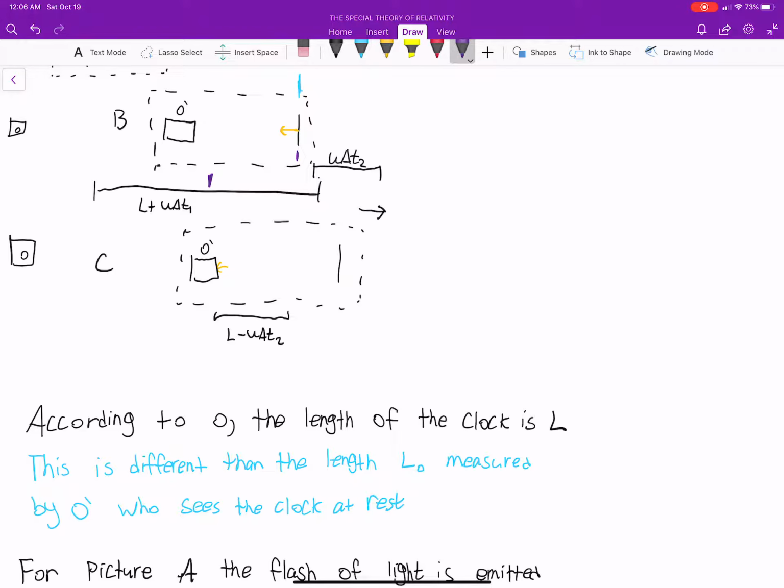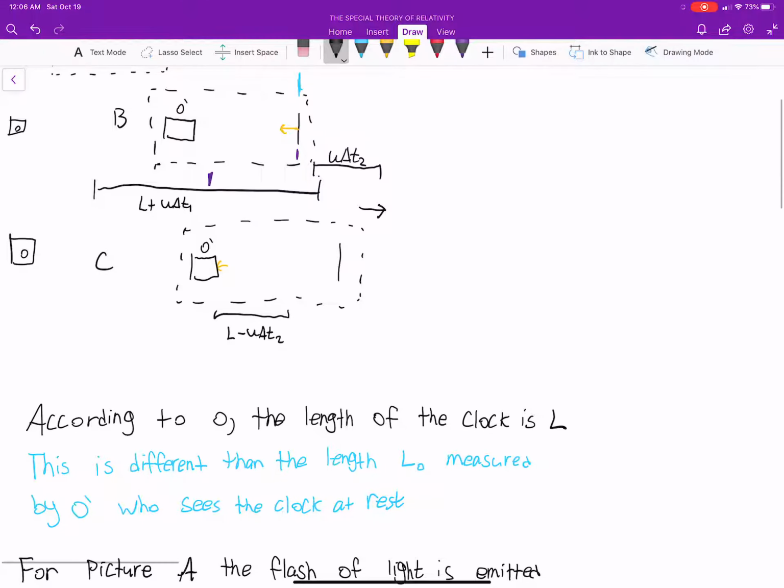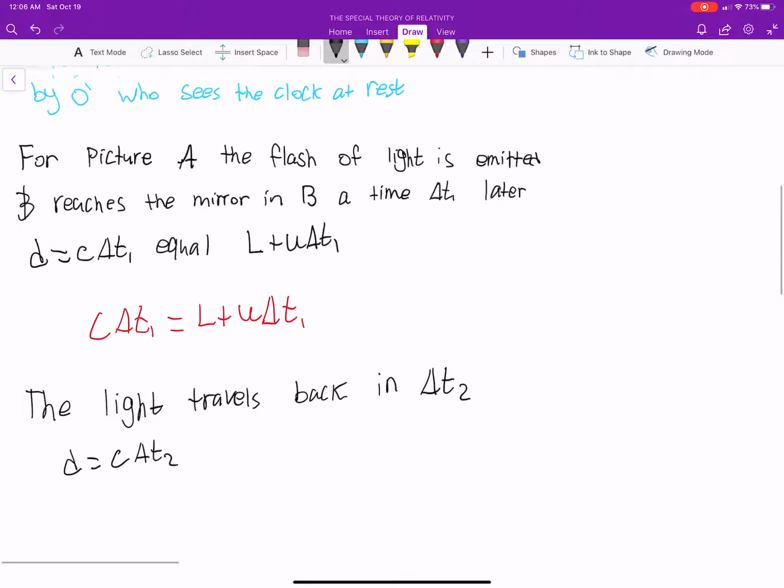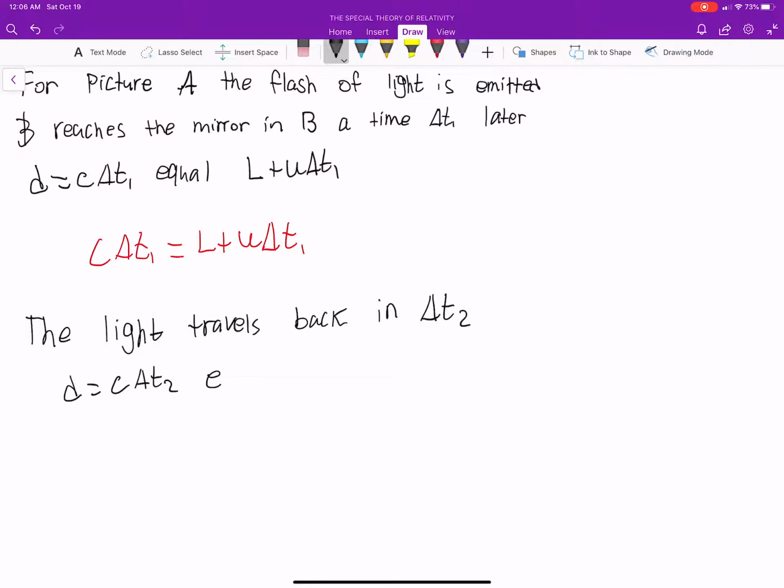Well, again, there's a few ways we can think of that. We could think of it as the speed of light times that distance, but we can also think of it using the exact same logic, which is the length of the clock minus, because of our direction, u times delta T1.